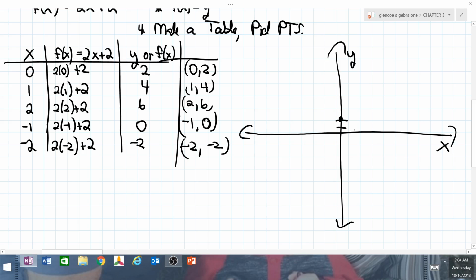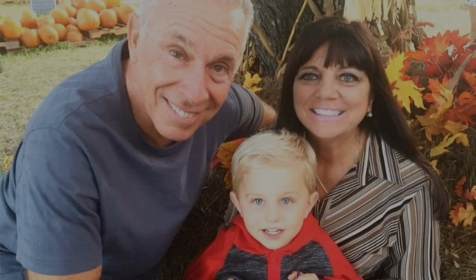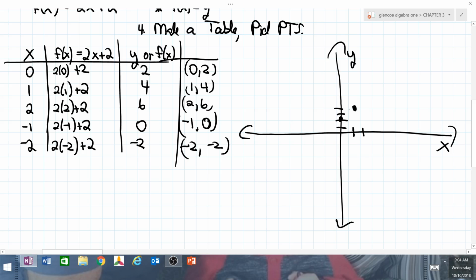The second point is (1, 4). The third point is (2, 6). The next point is (-1, 0). And the next point is (-2, -2).